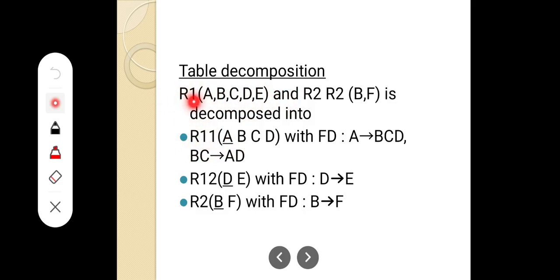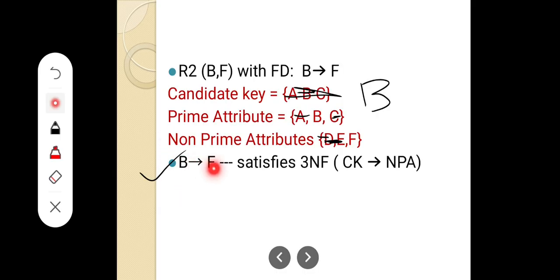In R1 we have made R11 and R12. What does R12 contain? R12 contains B determines F in the functional dependency, so it contains attributes B, F.